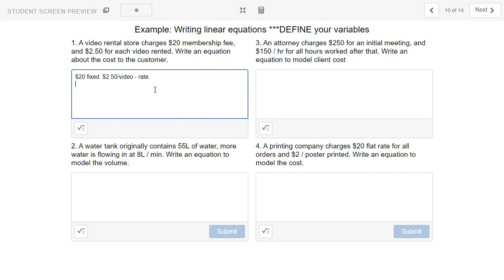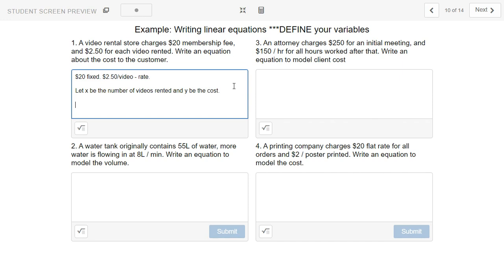Now, what changes is the number of videos that the customer rents. So let's write a let statement. Let x be the number of videos rented. And we know that when we add them together, that will be the sum. So let y be the cost.